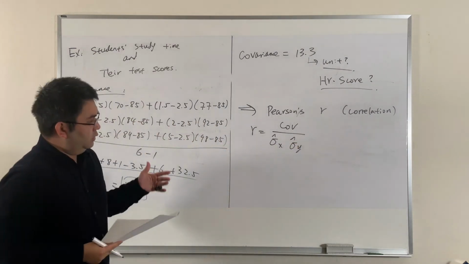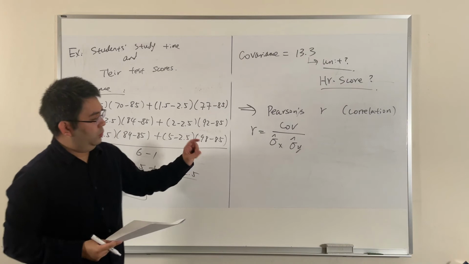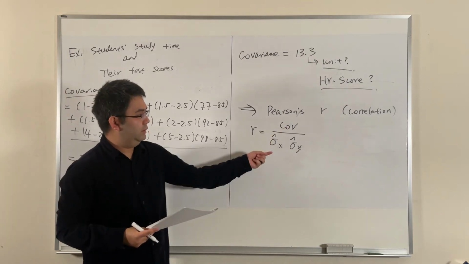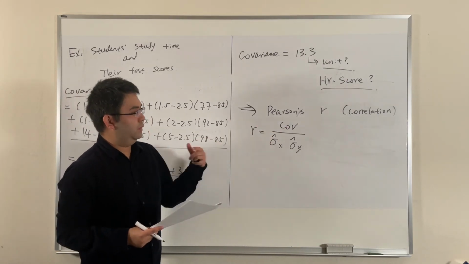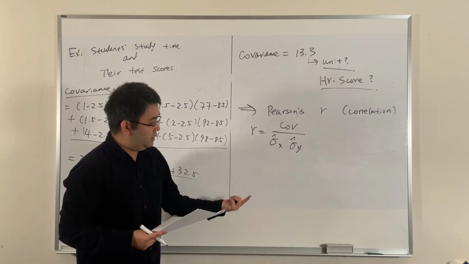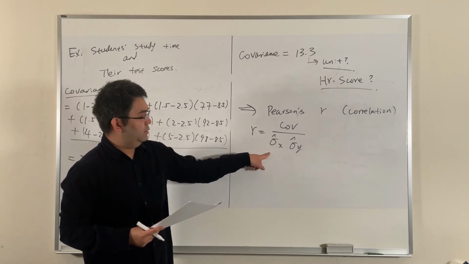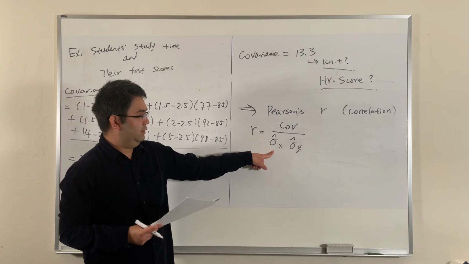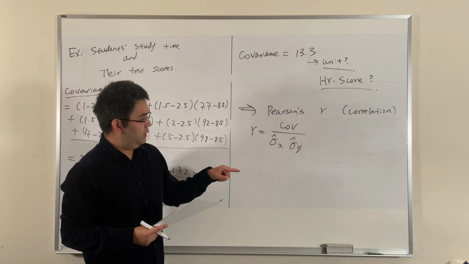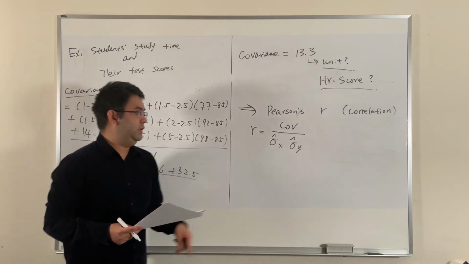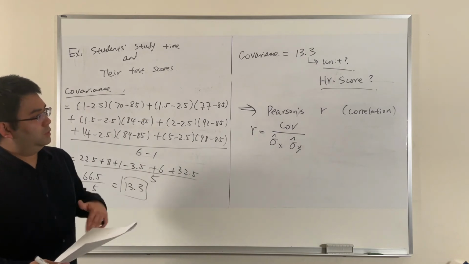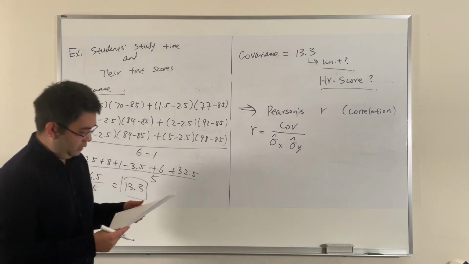In this case, we're using the covariance value divided by the sample estimation of X's population standard deviation and the sample estimation of Y's population standard deviation, and then we'll be able to correct the unit problem here.